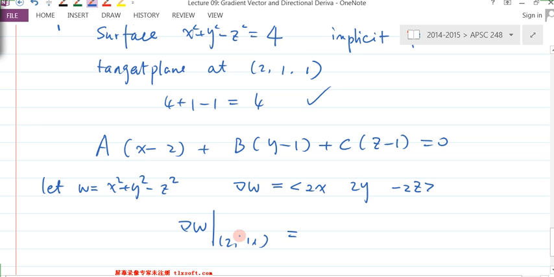Plugging in x equal to 2, y equal to 1, z equal to 1, you get 4, 2, negative 2. That's the gradient vector at the location. This is your A, B, and C, and then you plug it in and you have your tangent plane.